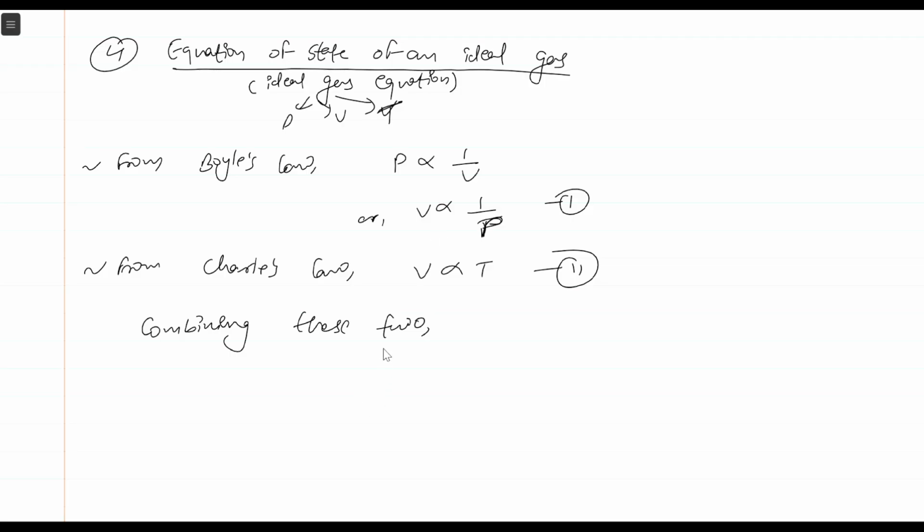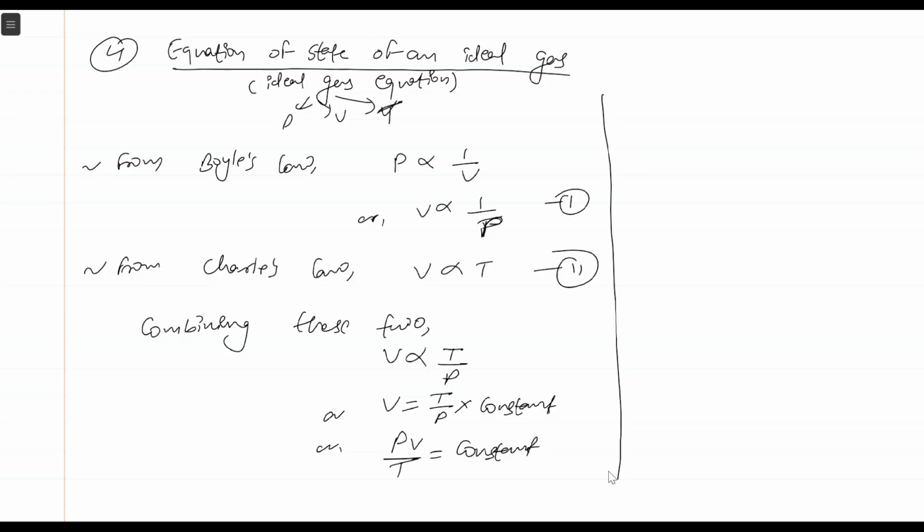In the left hand side there is V proportional, in the right hand side there is 1 by P into T, so it will be T by P. If we remove this proportionality sign, then we need to put an equal to and T by P into constant, right? If we take this P and T to left hand side, then we get PV by T is equal to constant. So we get an equation like this, right?